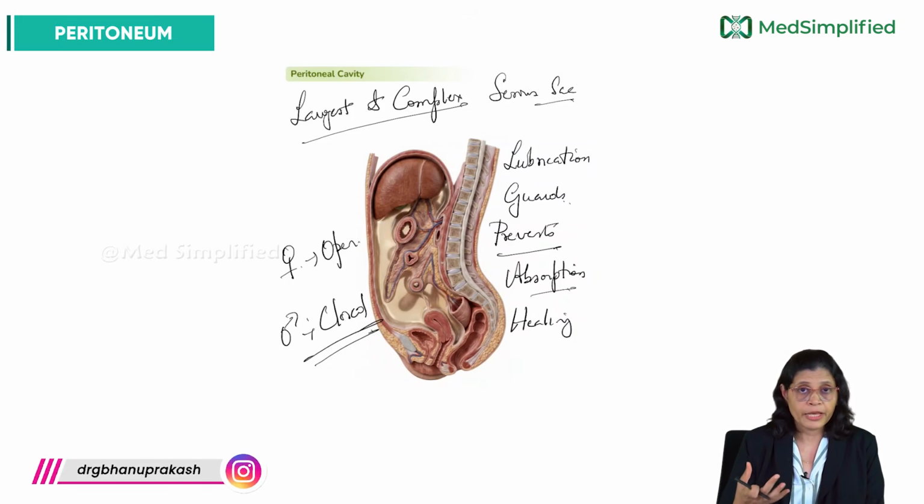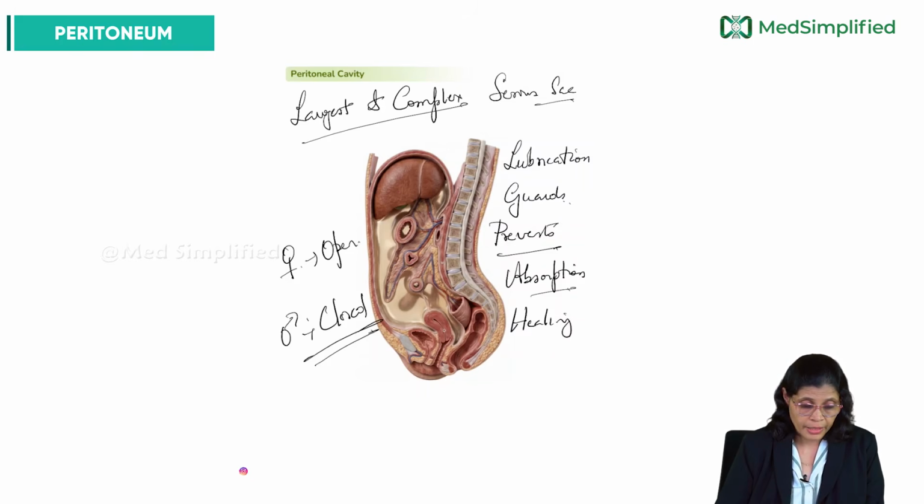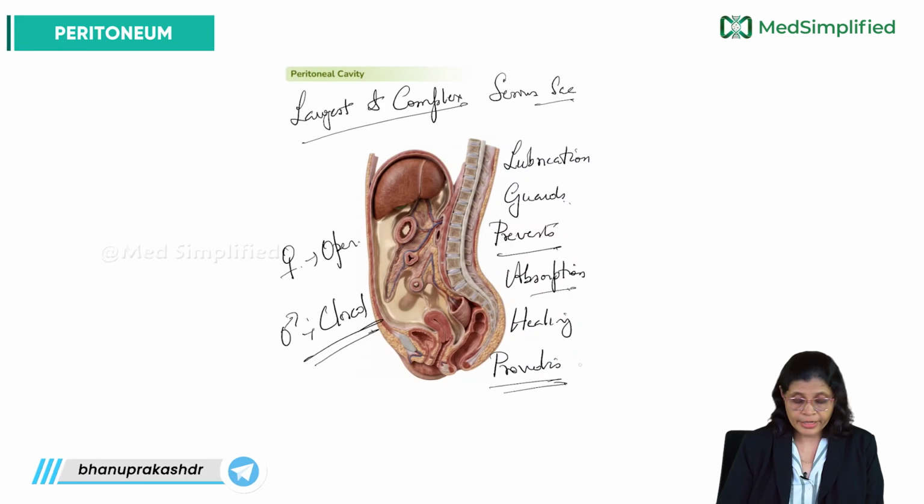It can transform them into fibroblasts. Fibroblasts are necessary for the formation of the collagen fibers, so thus it will help. And then it provides for the storage of fat. So all these things are the functions of the peritoneal cavity.